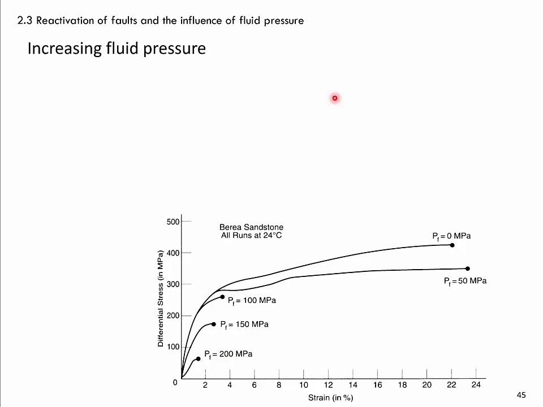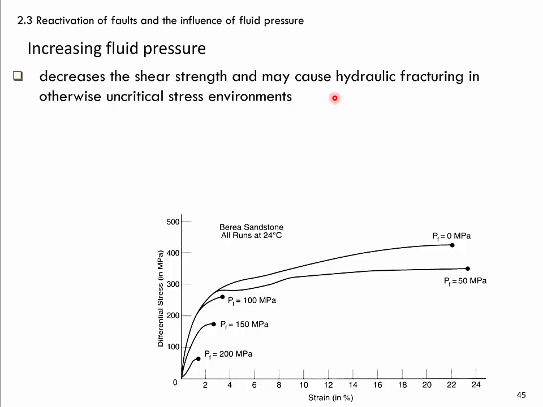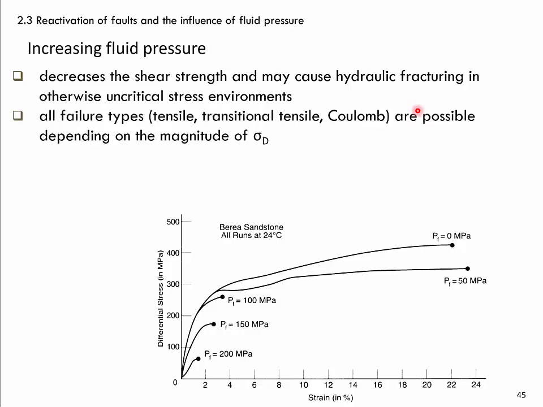So what we learn from increasing pore fluid pressure: it may decrease the shear strength and may cause hydraulic fractures in conditions that under dry conditions are totally uncritical. We see that depending on the magnitude of the differential stress that is present, all failure types are possible.